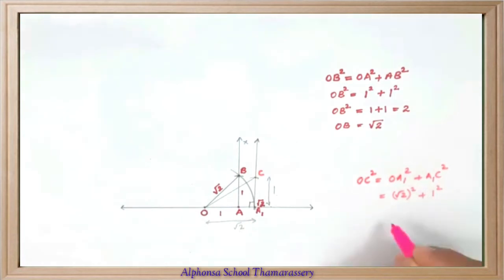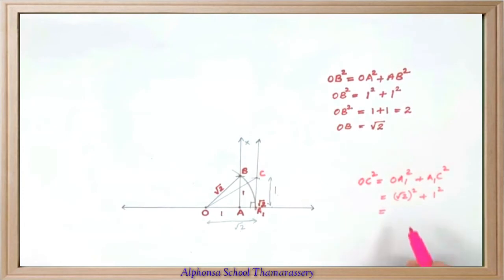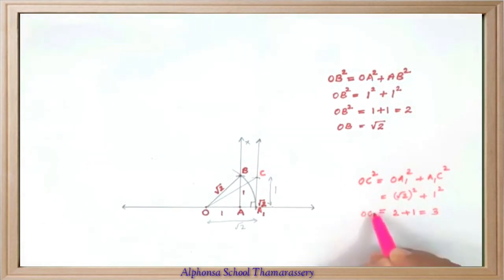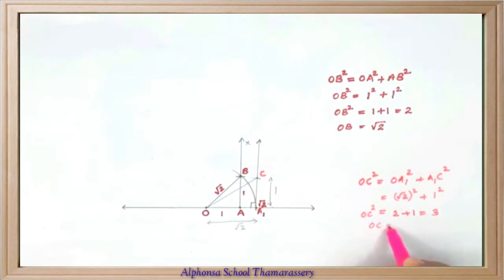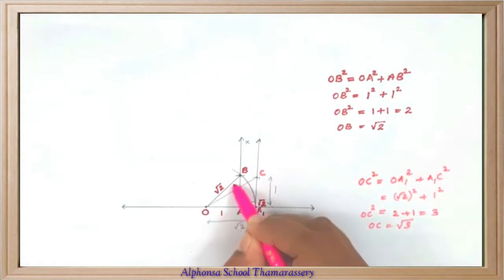Here root 2 whole square is equal to root 2 into root 2, that is equal to 2, plus 1, which is equal to 3. So here OC square is equal to 3. Therefore OC is equal to square root of 3. We got the length OC is equal to root 3.